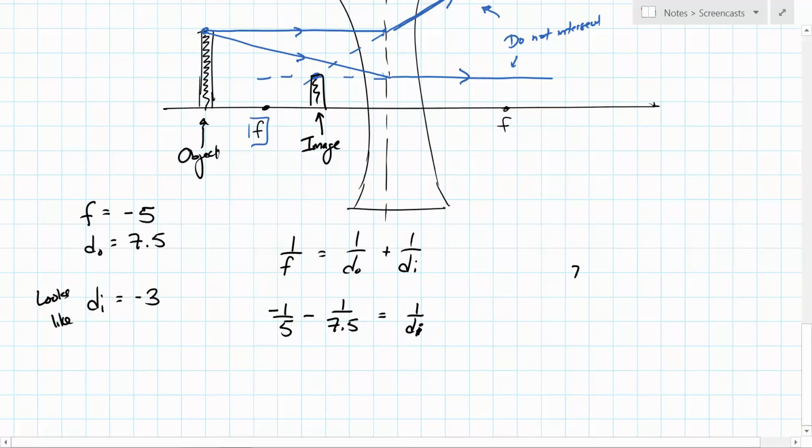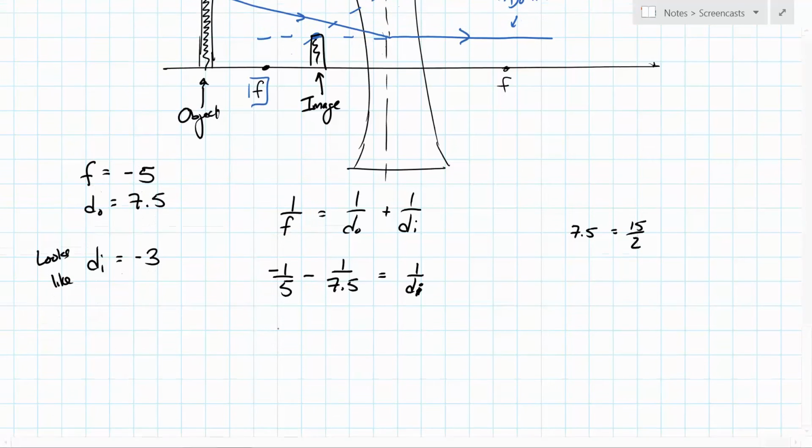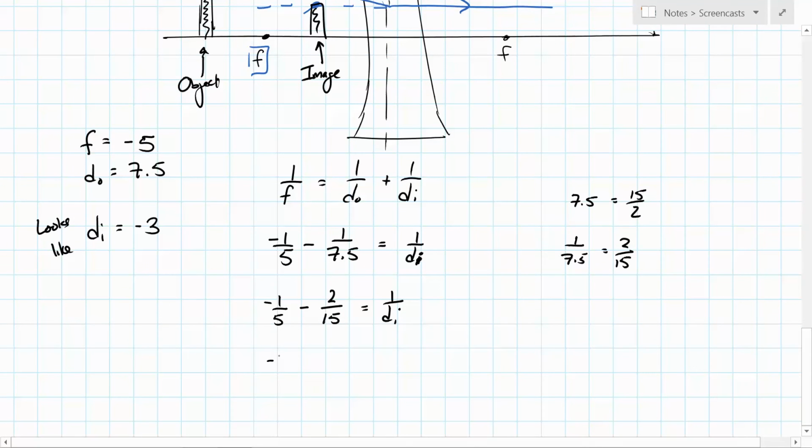Alright, so quick note, 7.5 is 15 halves. So this looks like minus 1 over 5 minus 2/15, because then 1 over 7.5 would be the flip of that. Nice little trick. Why do I do that? Because now it's a lot easier to add these things up.